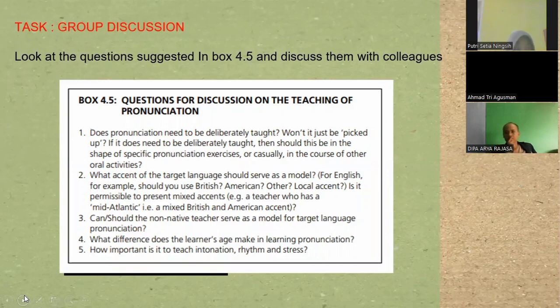Group discussions. Look at the questions suggested in box 4.5 and discuss them with colleagues. You should arrive at general agreement on acceptable answers. So, this may not always be possible.